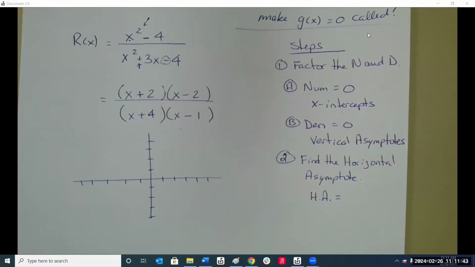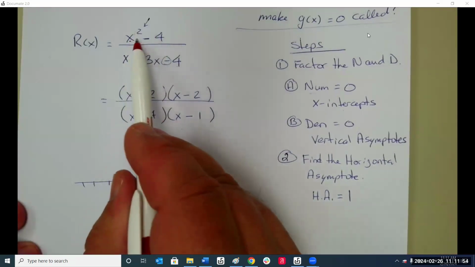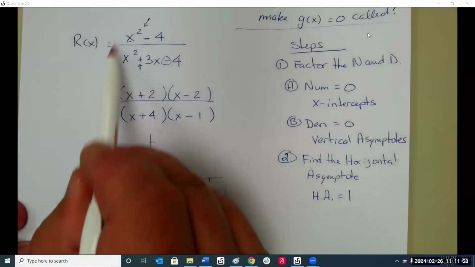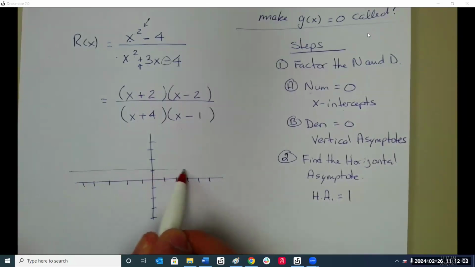In this example, what is our horizontal asymptote? It's 1, because all you do is look at the leading terms. If they have the same exponents, it's their coefficients. So 1 divided by 1 is 1. So we know we have a horizontal asymptote here.